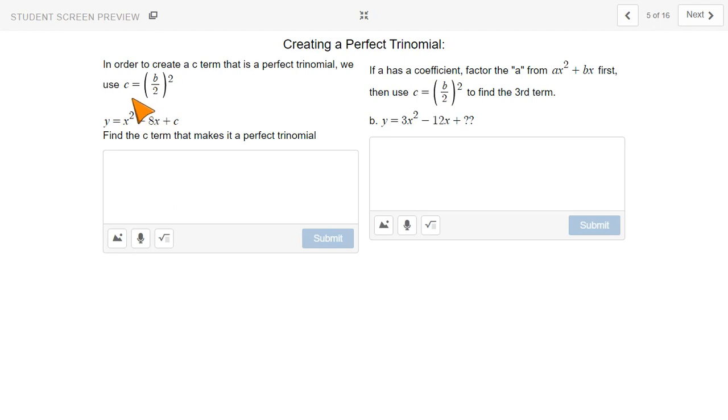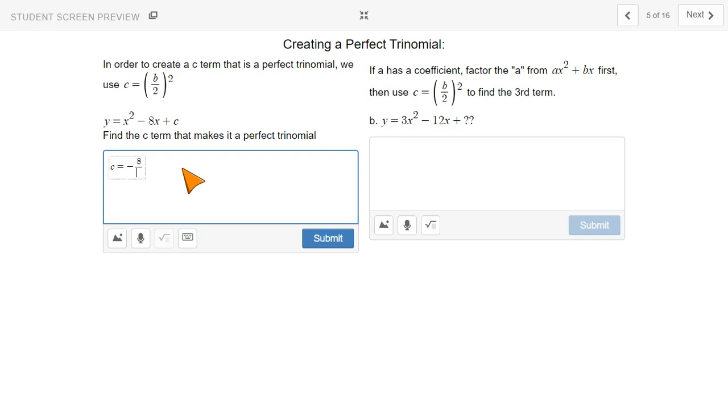So in summary, we've used this equation to create a c term that would make a perfect trinomial. We take the middle term, divide it by 2, and then square it. So let's find a c term that will make this a perfect trinomial. We know that c is created by b divided by 2 and squared.